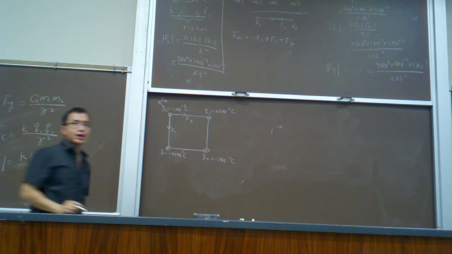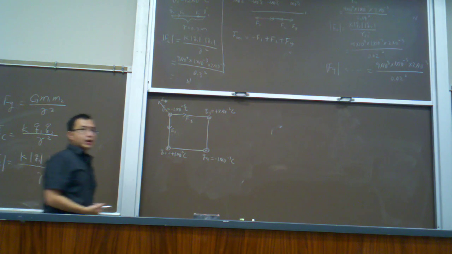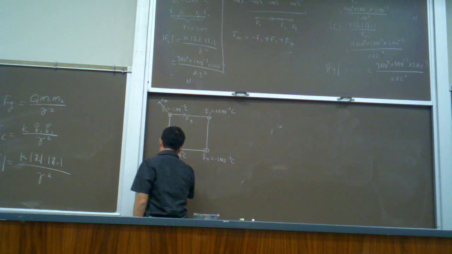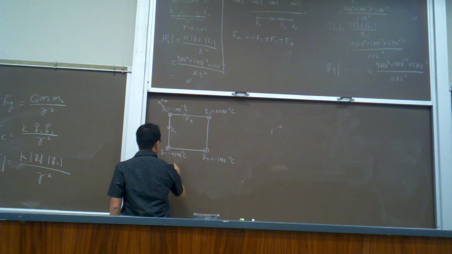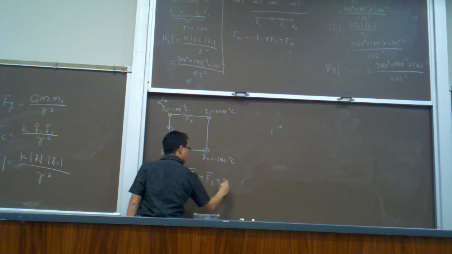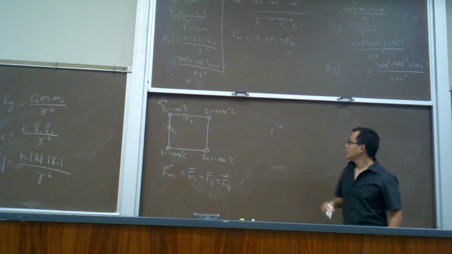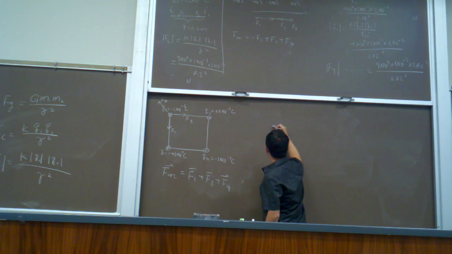Okay, so that's three forces. Now you want to add the three forces to get the net force. In this case, it's a vector summation. So let's make a better plot.